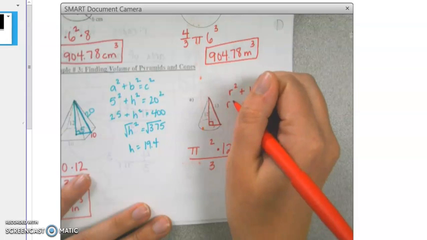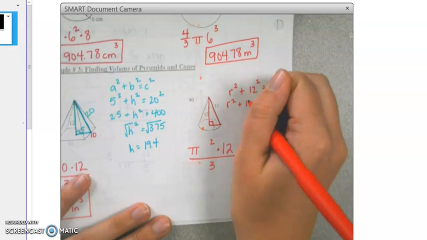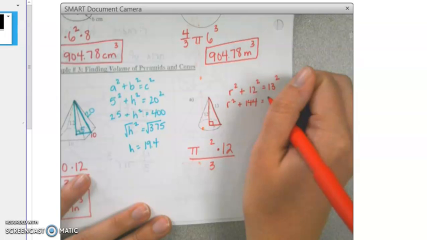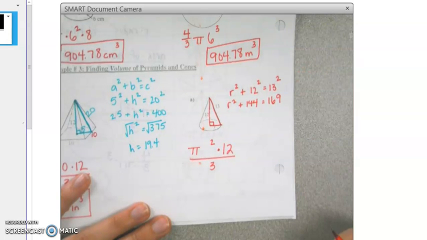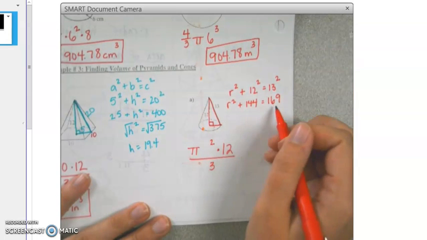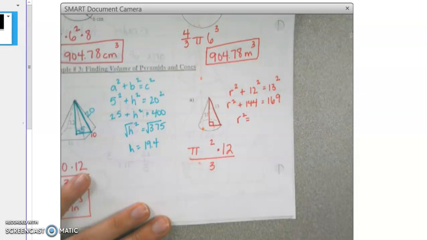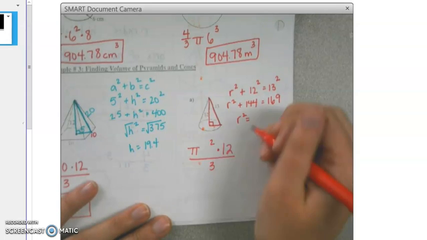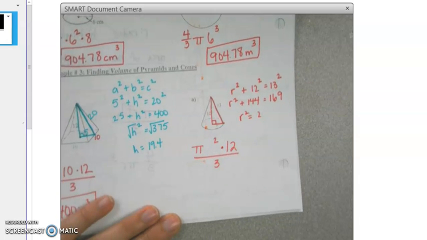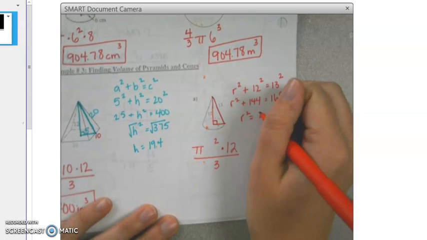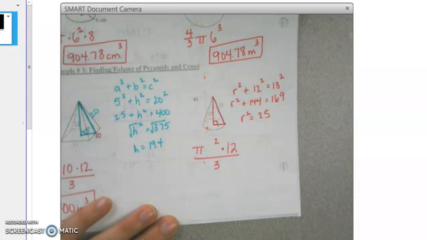So let's simplify these. R squared plus 12 squared is 144. 13 squared is 169. If I subtract 144 from both sides, I get r squared equals 25. Oh, excuse me, guys. R squared is 25.